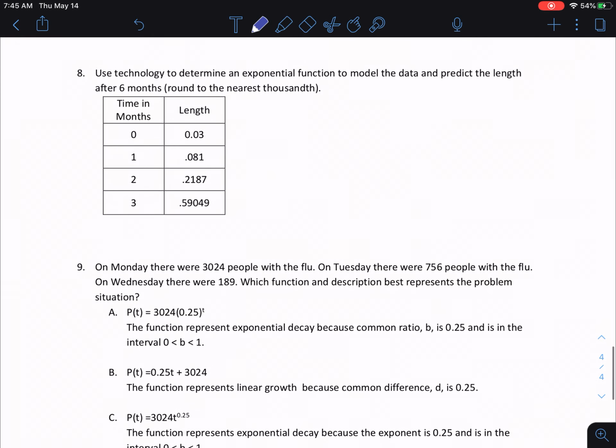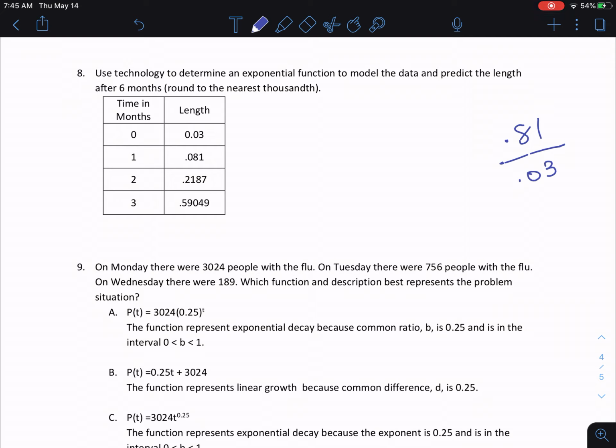Okay, use technology to determine exponential function. Okay, so I'm going to do 0.81 divided by 0.03, and let's see what we get. Let's do 0.03.